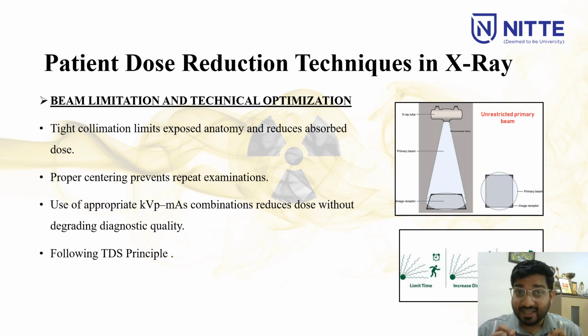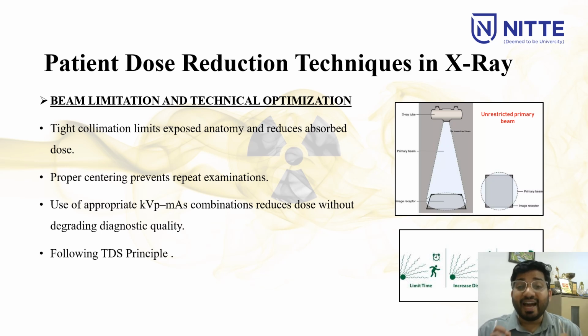Image quality should be there, but we are not doing it for a fantastic image quality. We are doing it for optimum image quality with an optimized dose to the patient. Also follow the time, distance, shielding TDS principle, the cardinal principle of radiation protection.